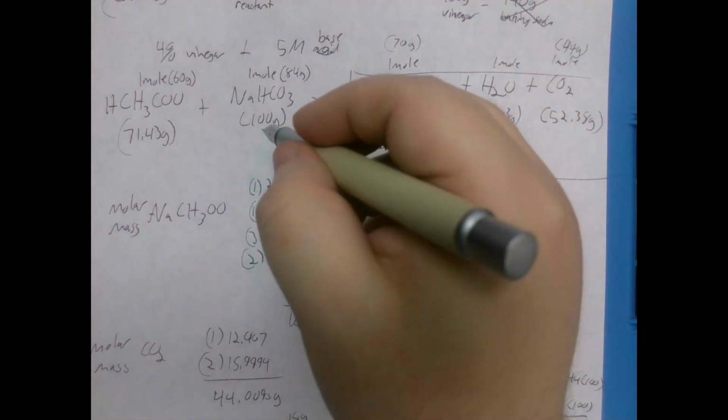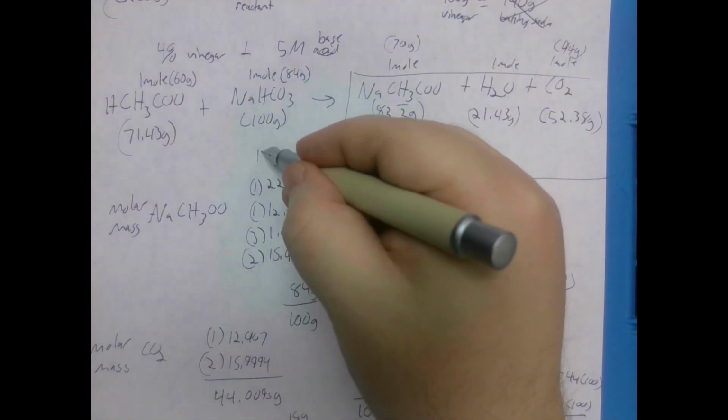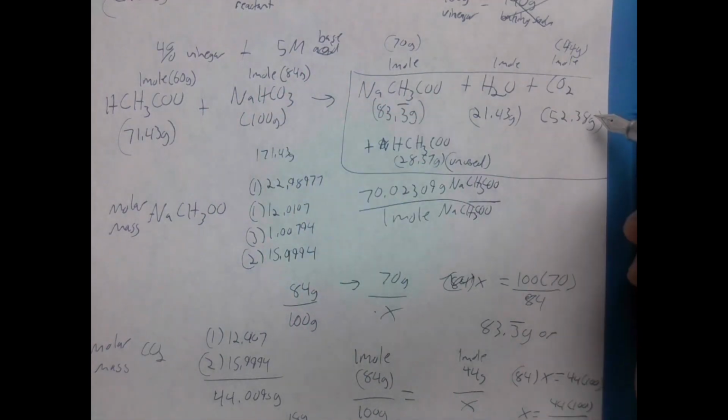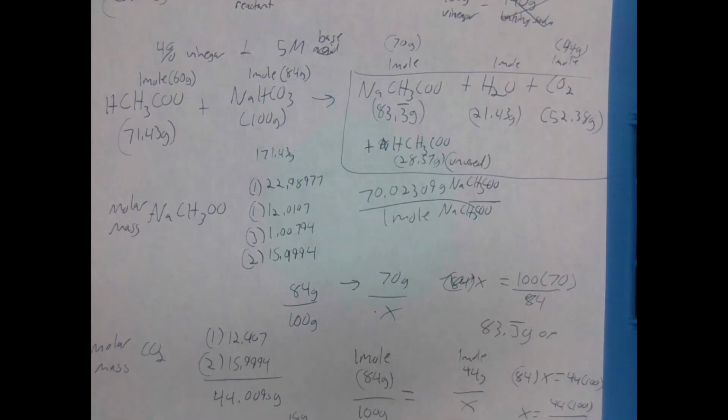So for every 171.43 grams, 52 grams of CO2 is produced. What ratio is that? So 30% of the mass, the input mass, turns into CO2. Make sense?